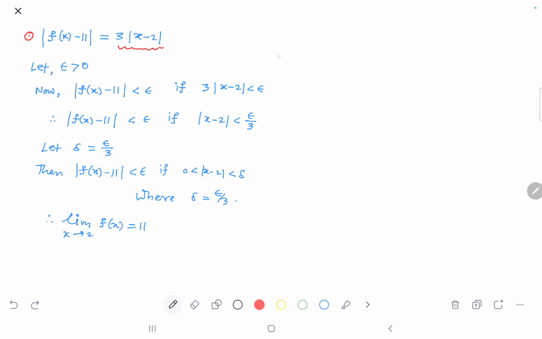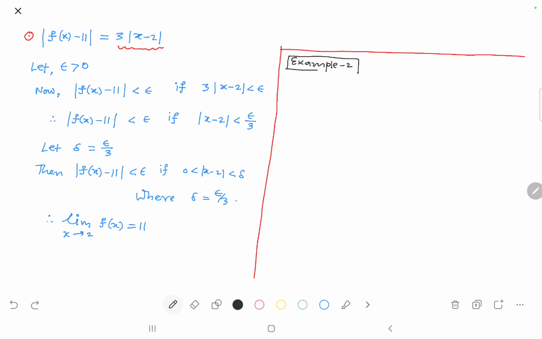One more example. Let's say this is example 2: the limit as x tends to 0 of 3x plus 5 equals 5.